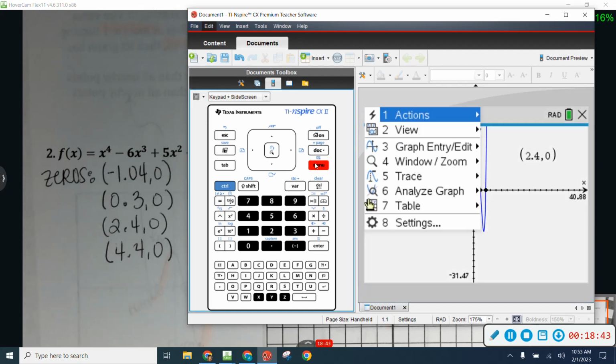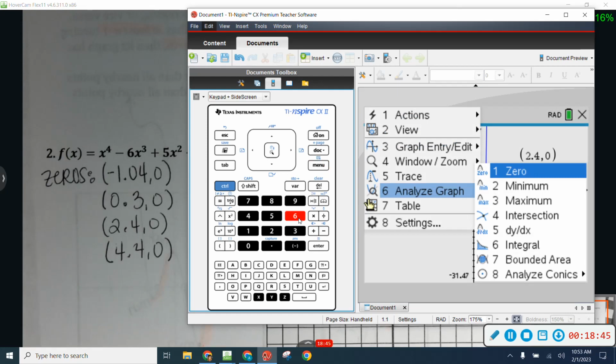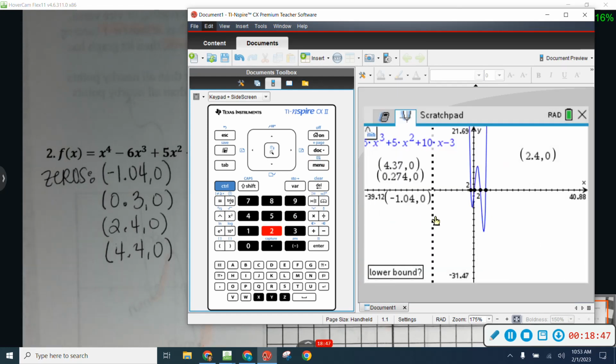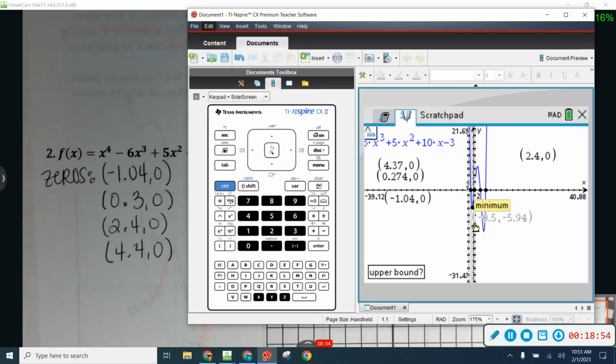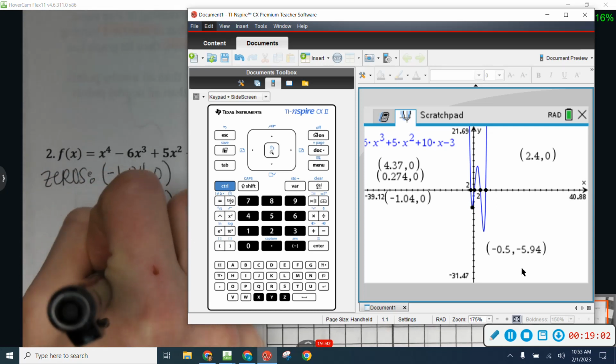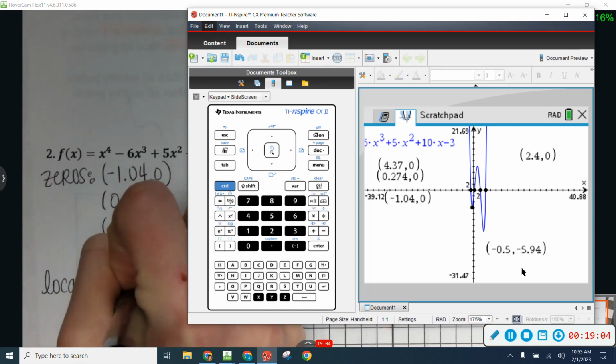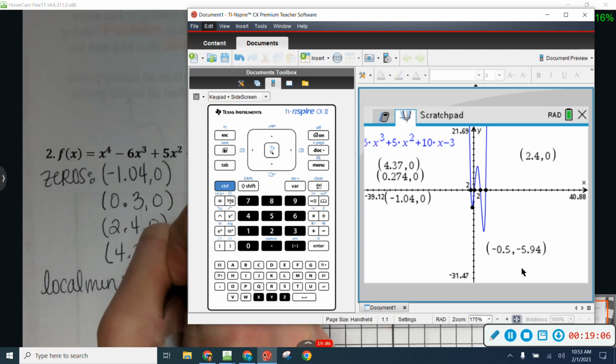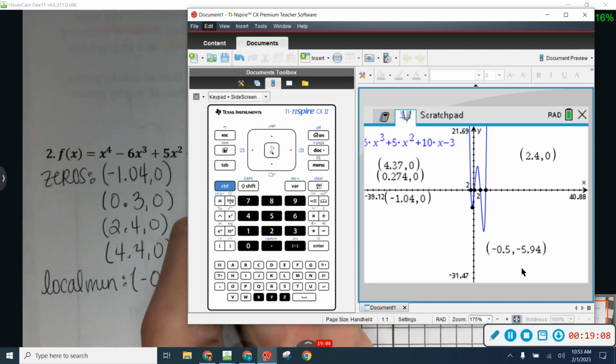So when I do my menu 6, 2 for my minimum, even though it's very zoomed out, I'm going to go somewhere to the left of that minimum and somewhere to the right. And so that minimum, I'm going to round to negative 0.5 and negative 6.